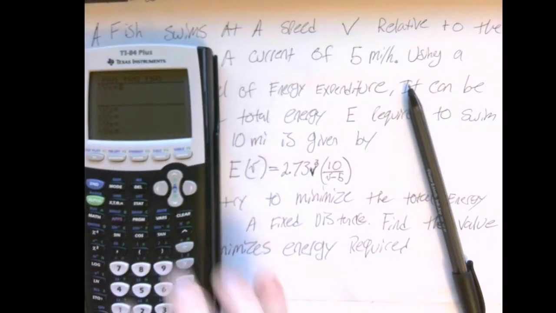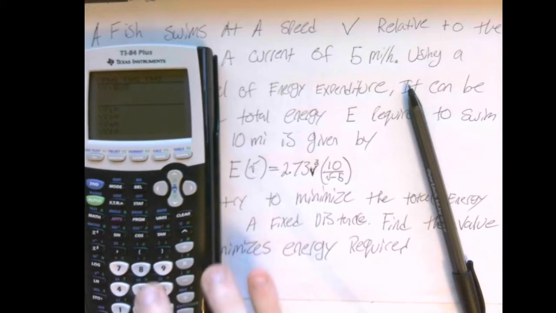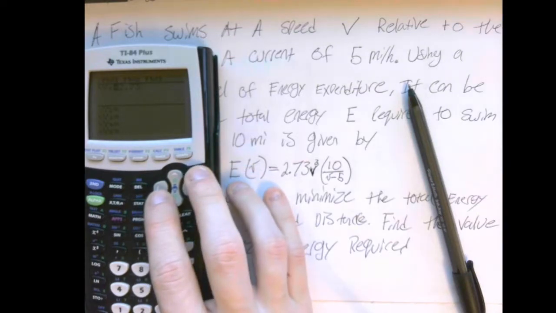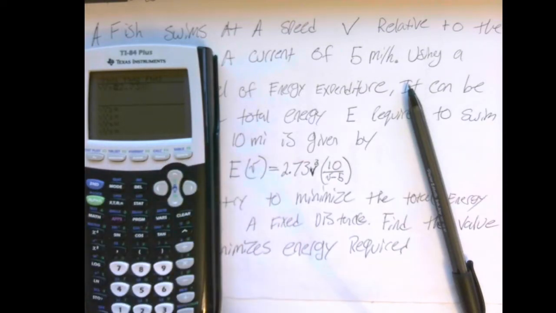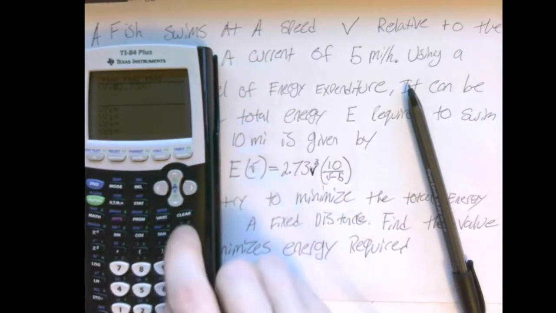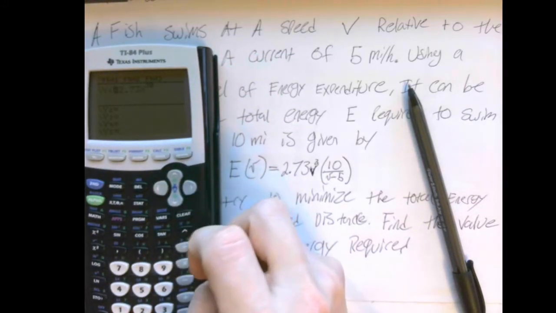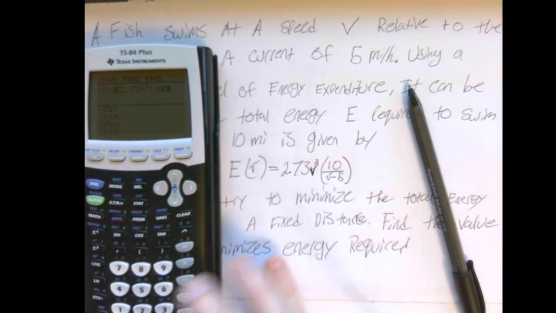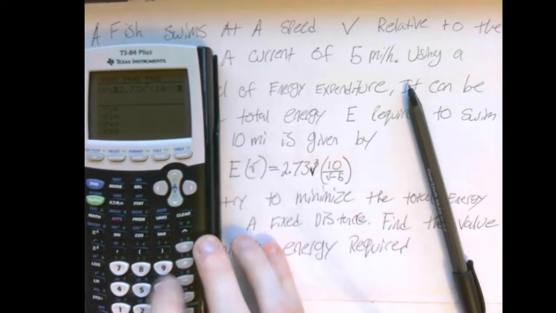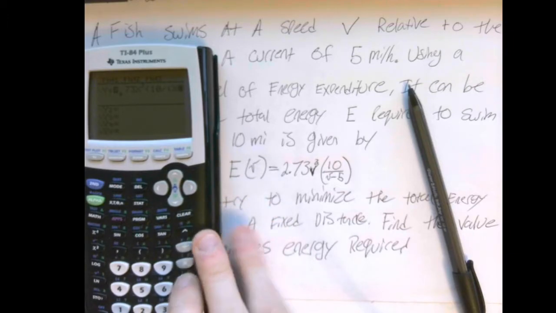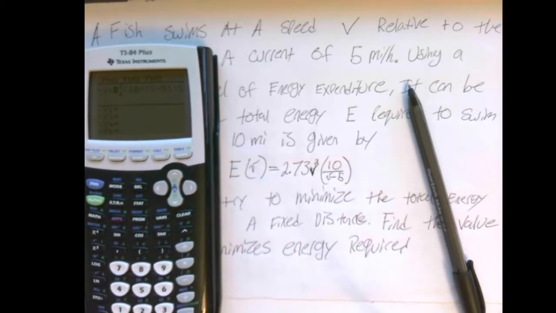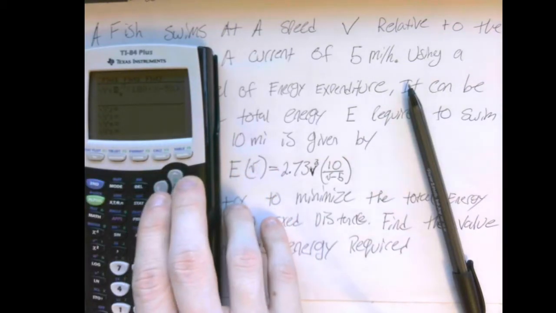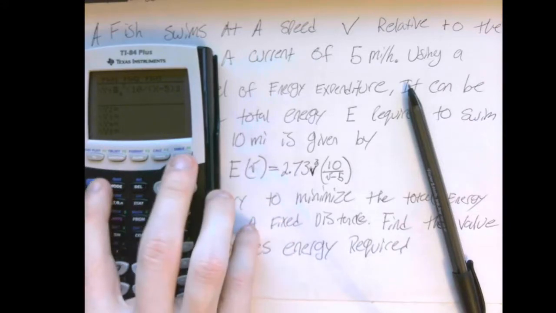You hit y equals and type your function in there: 2.73 times our independent variable, here it's v, but we'll say x here, raised to the third power, or cubed, times 10 divided by x, because that's a variable in the calculator. It doesn't matter what you use as long as it corresponds to the one over here, minus 5. So then we graph it.